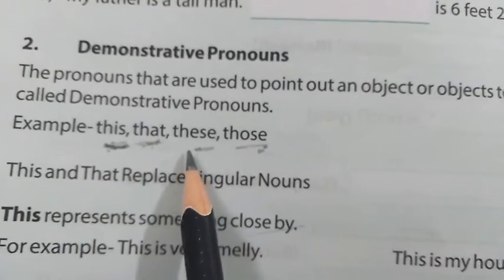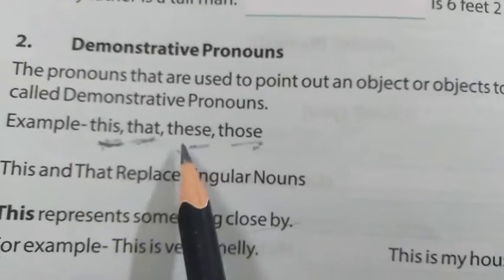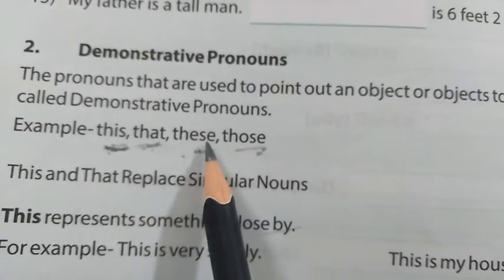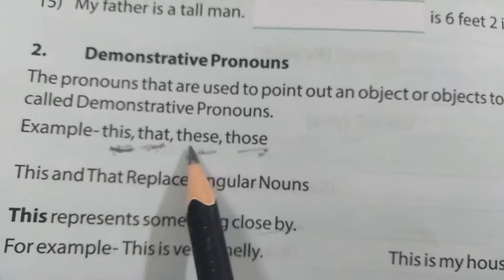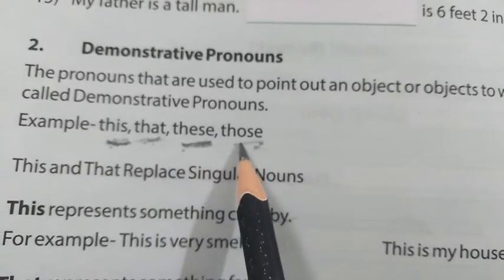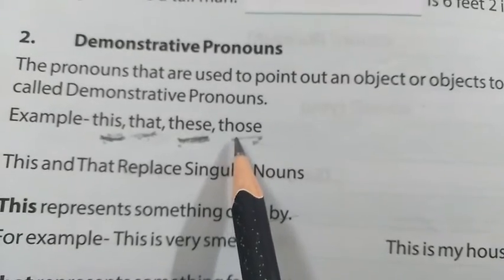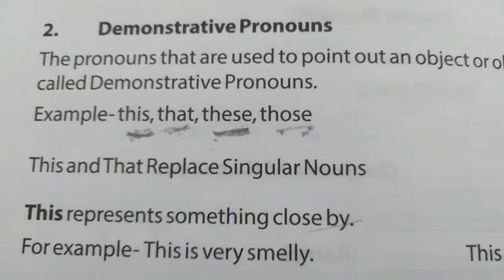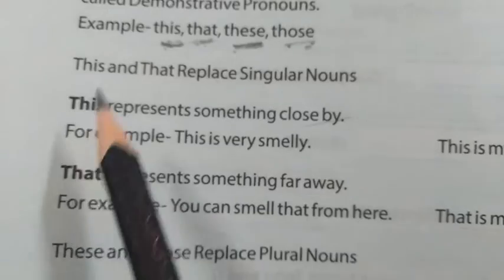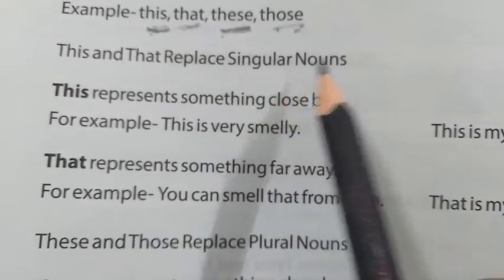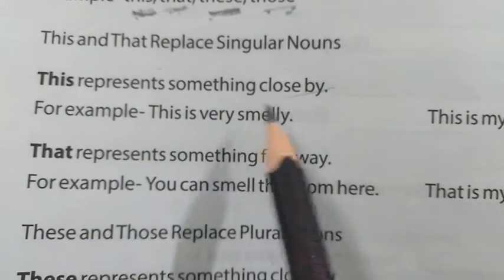And if the things are plural, okay, and the nouns are plural, more in number, and they are closer to us, we will use these. And if the things are far away from us, they are not closer to us, we will use those in that case. Okay, so here let's see, this and that replace singular nouns. This represents something close by.